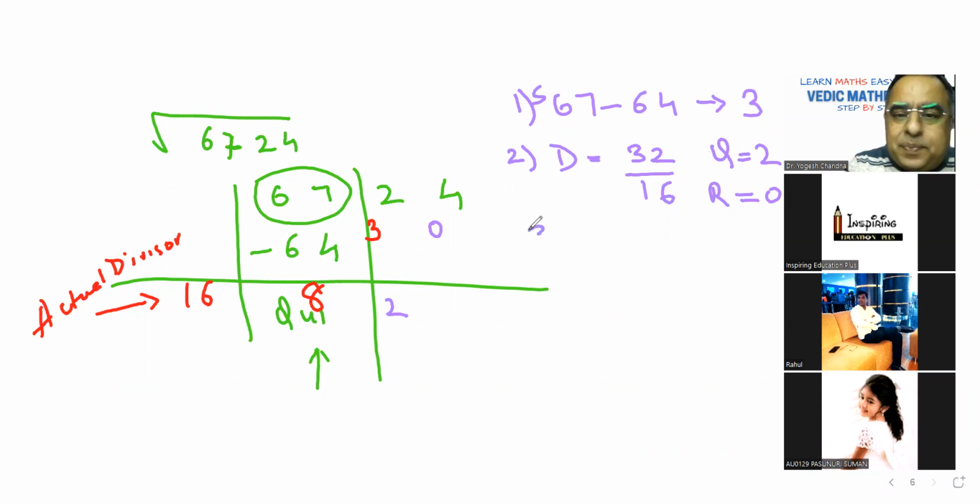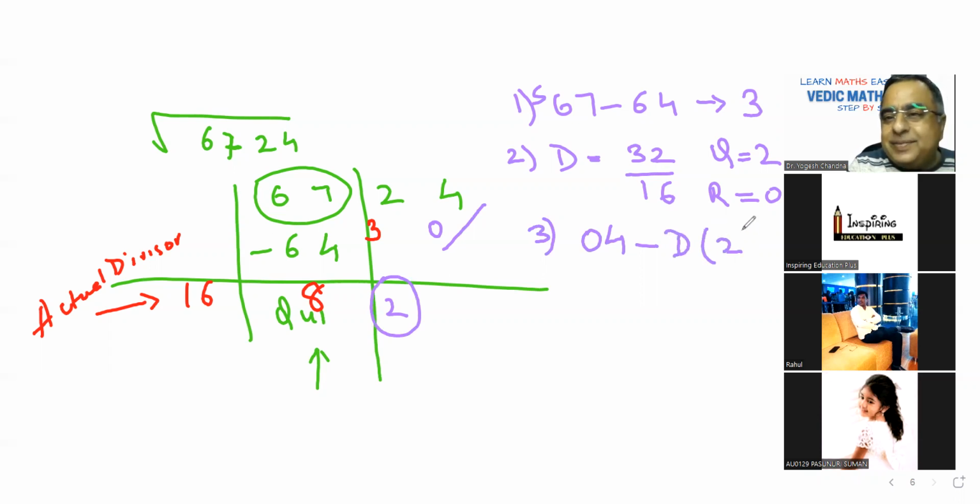Third step. Now this is the new number, 04 minus. What will you subtract? Earlier we used to multiply here, Q and F. Now we don't have that. But what we have is a new number, and we find the duplex of that.